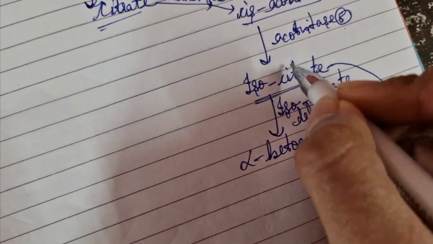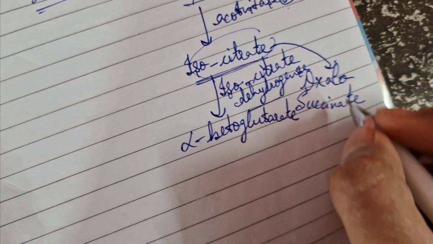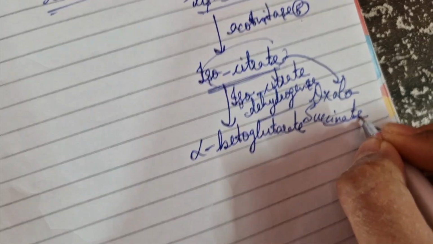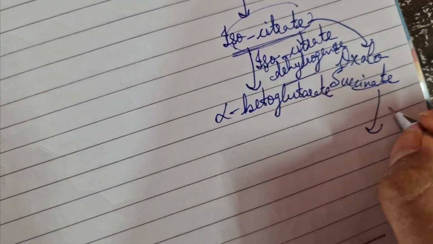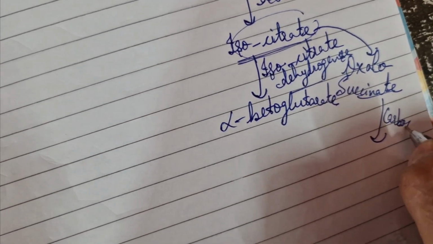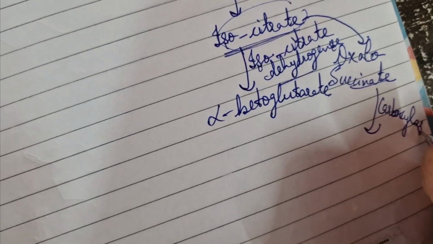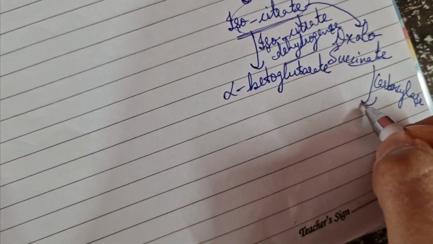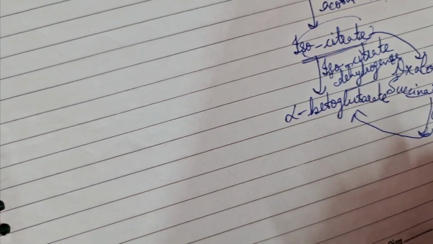If isocitrate follows the second pathway in which it gets converted into oxalosuccinate, then in the presence of enzyme carboxylase, it also gets converted into alpha ketoglutarate.